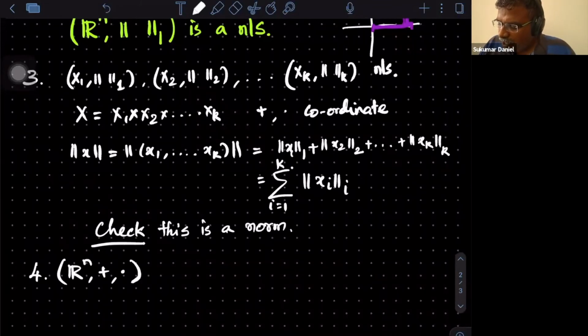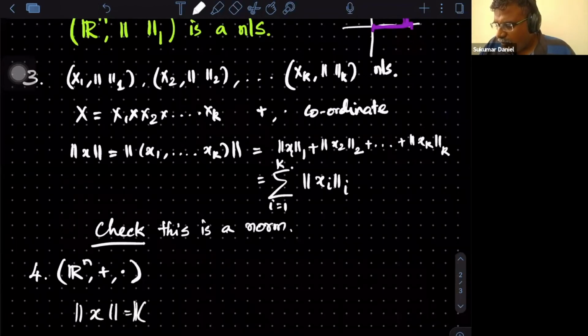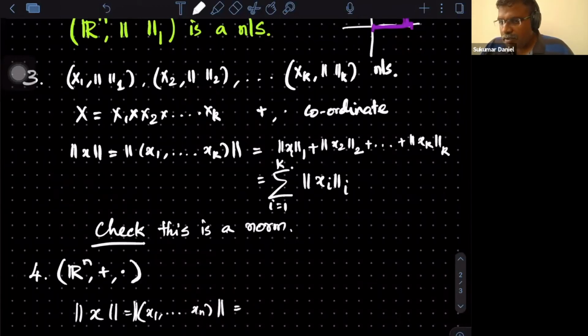Now I want to define another norm on this x, again with n coordinates. I want to define this to be, taking the modulus of each coordinate.